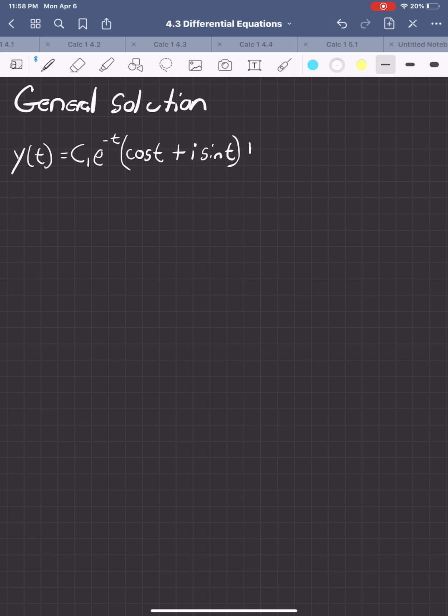All right, good. So plus c sub 2 e to the negative t times cosine of t minus i sine of t.